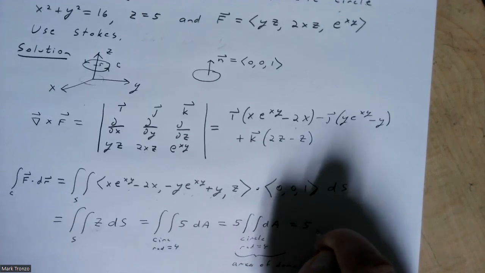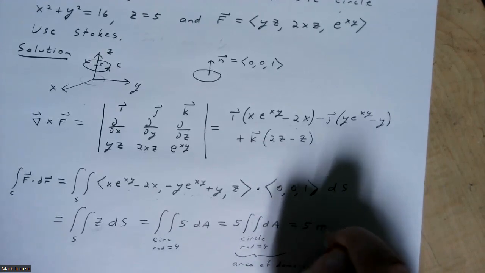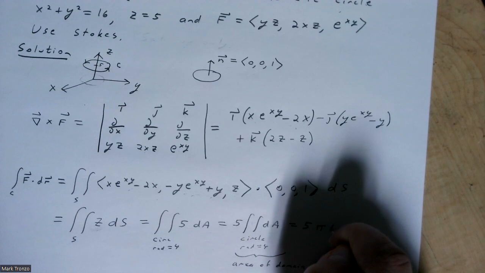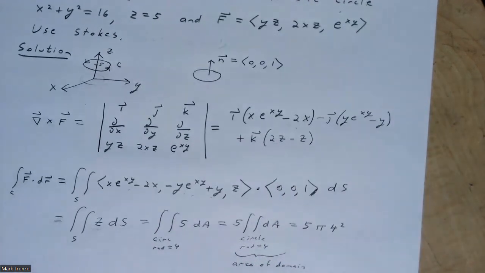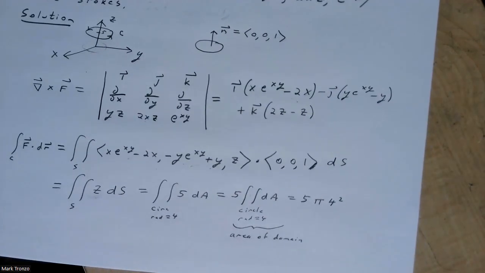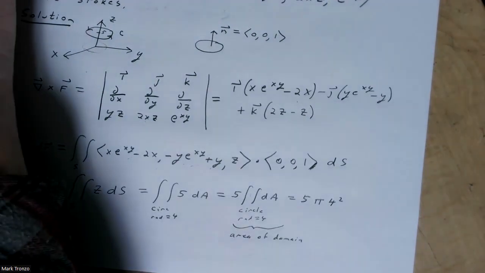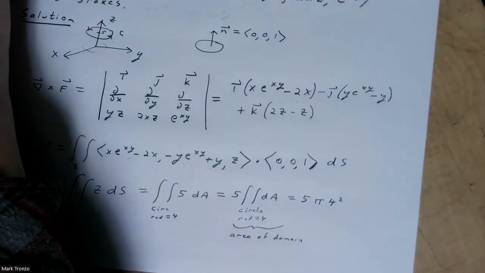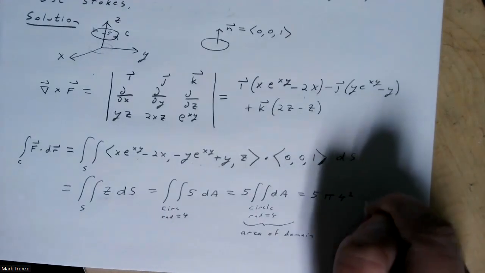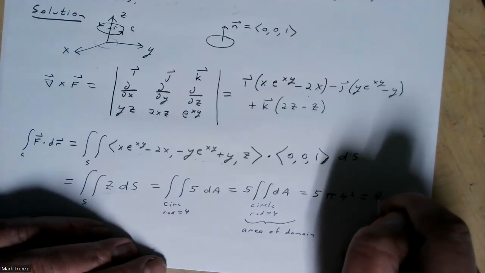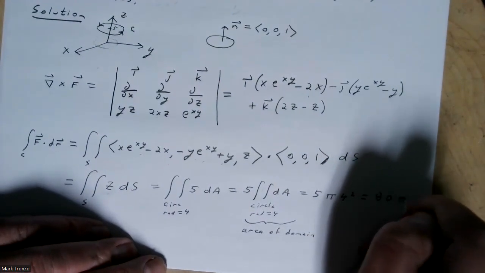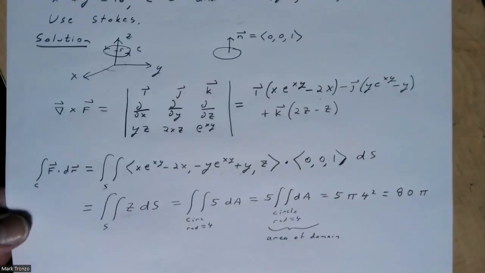So our area is pi r squared, and that'll be 16 pi.